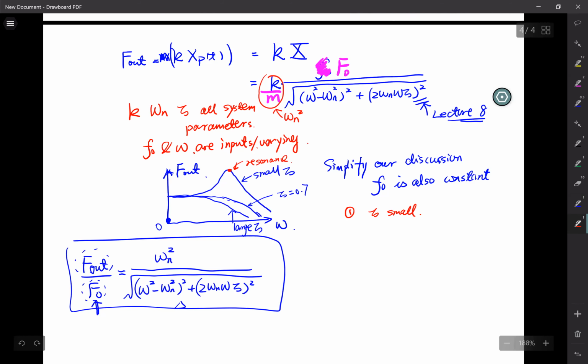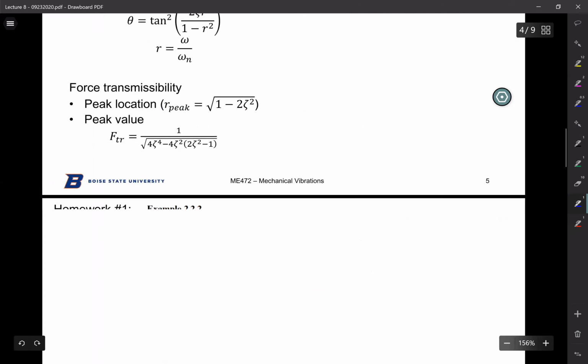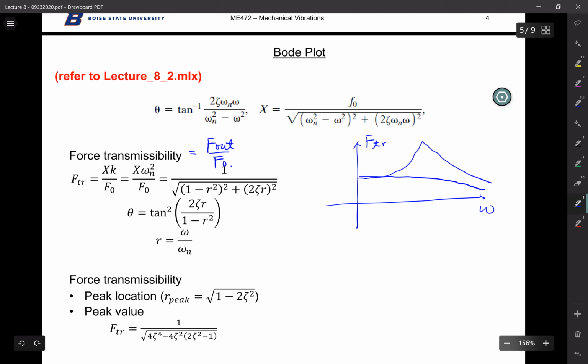All right, so let me go back to the lecture notes. I do have some equations over there. So this is F out over F naught. And then, as I said, there are 3 cases. So that's your case 1, when your zeta is small.